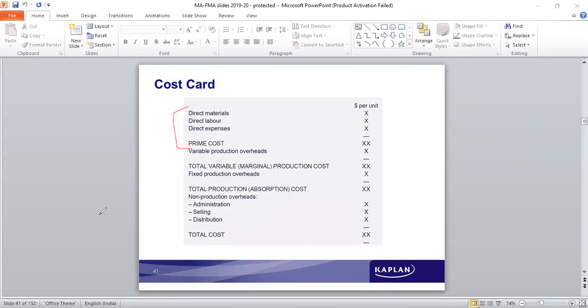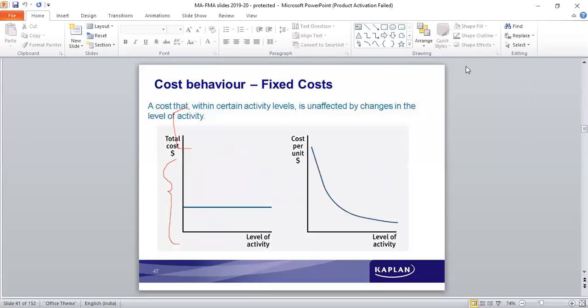So that will result in the cost being more than what actually is incurred, which we call over absorption, or the cost being less than what is incurred, which is called under absorption. So the method of calculating overheads can result in charging more cost than what is incurred or charging less cost than what is incurred.